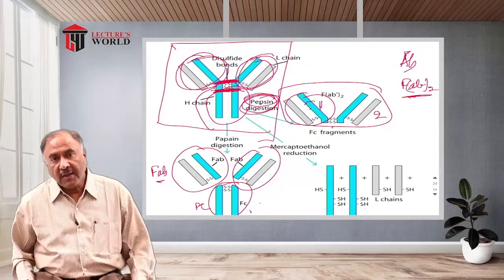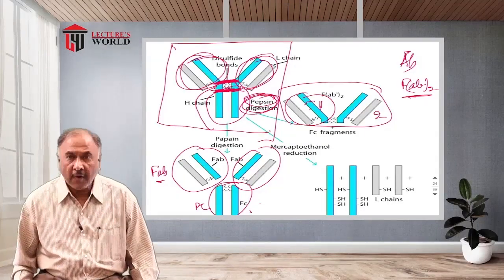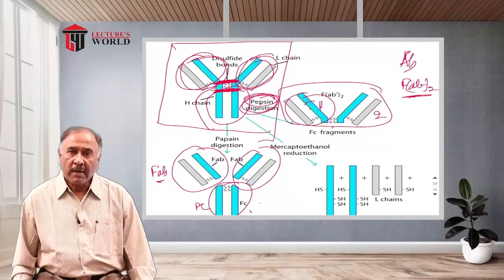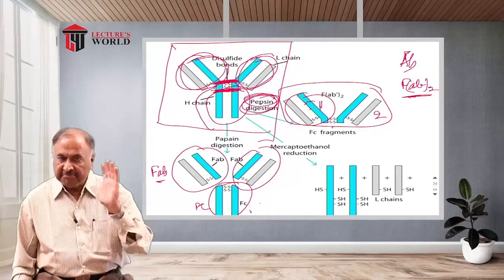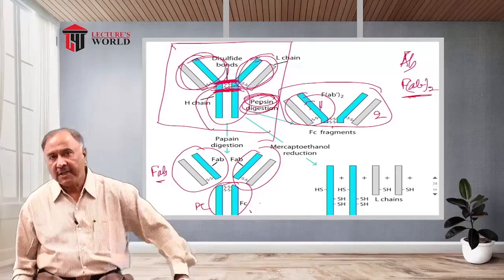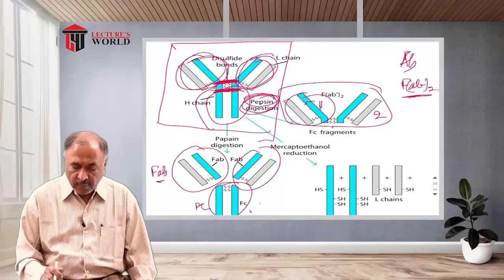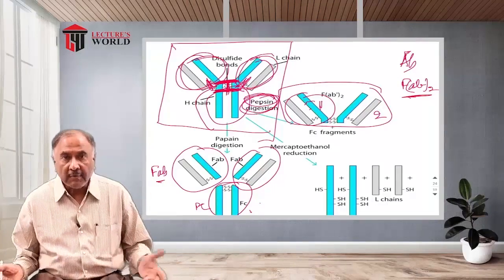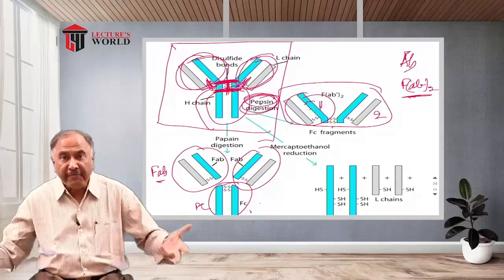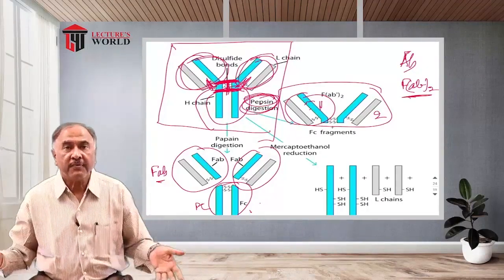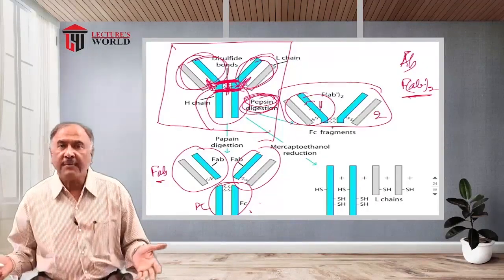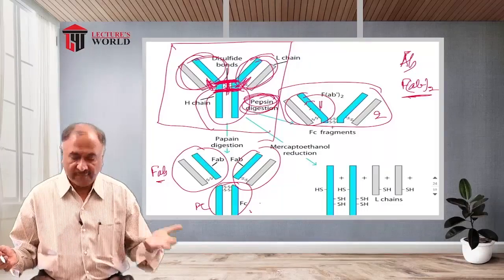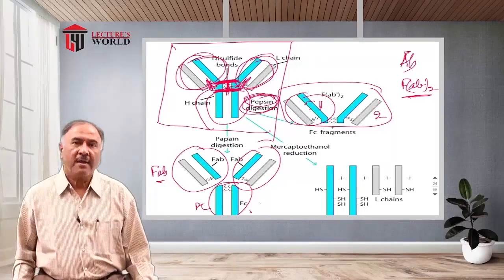Third, when they used mercaptoethanol, mercaptoethanol will destroy disulfide linkages. So this would be broken here, this would be broken here, and this will also be broken. So you get four different fragments and none of them is able to bind with the antigen.